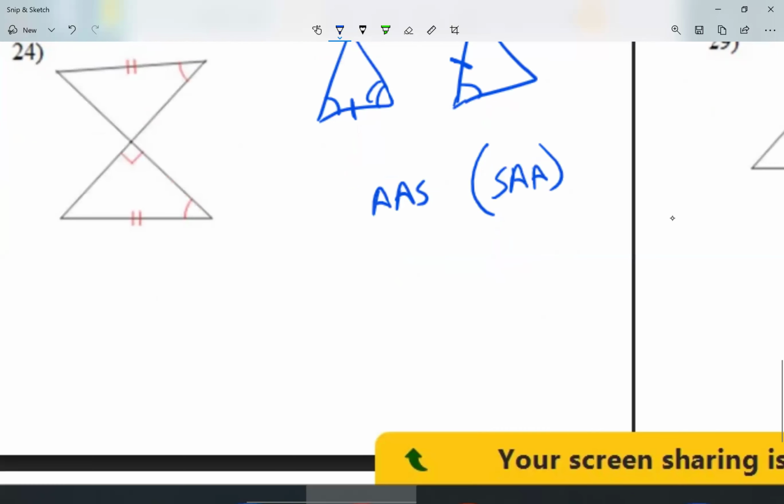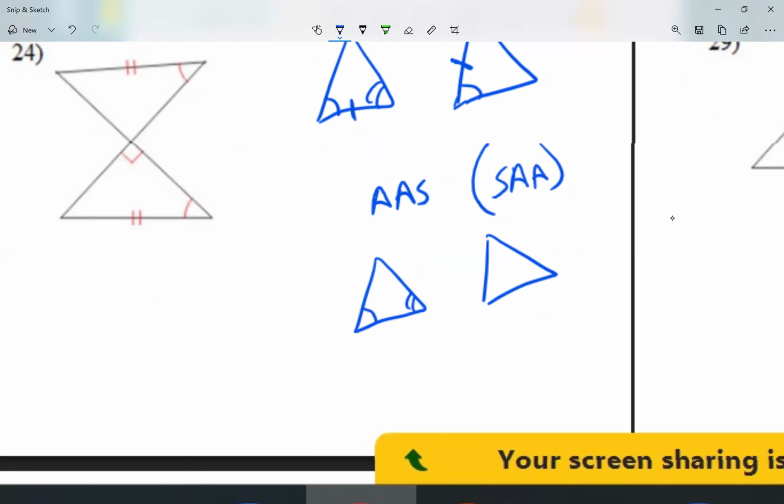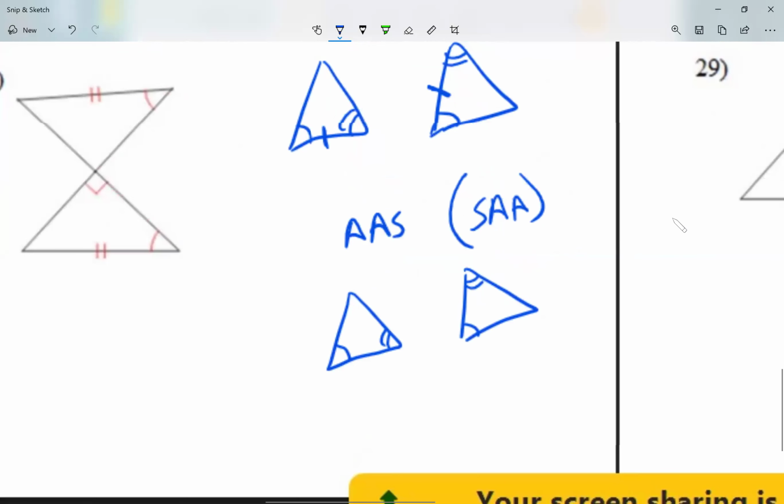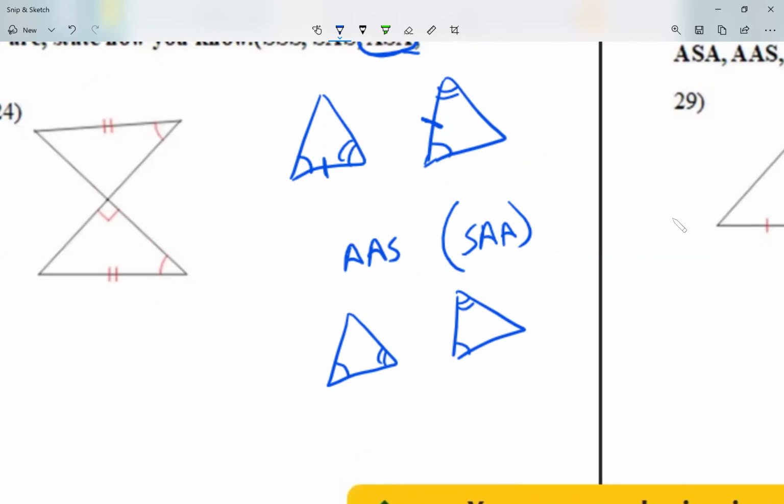So what do I mean with that? Okay, let me talk about two triangles. I need two angles to begin with. So I'm going to say these two angles of this triangle are equal to these angles of this triangle. Now the side is not in between the angles. Because if I mark the side in between, then that's angle, side, angle.